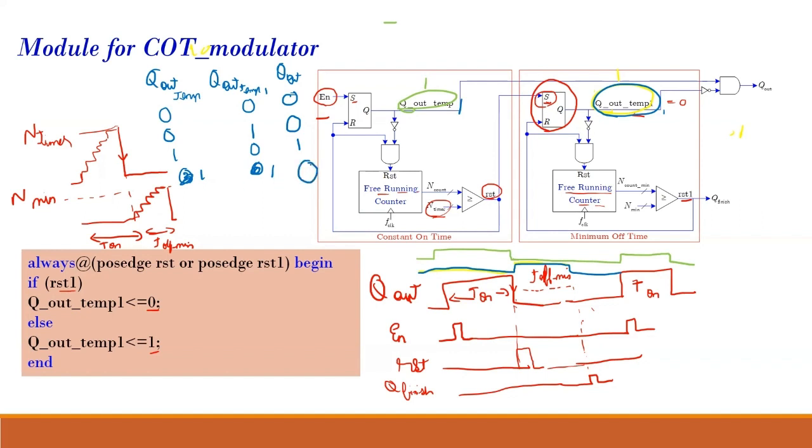So this is how Q out comes out. So Q out is Q out temp and not of Q out temp 1, and it will have this waveform. It will have this shape.